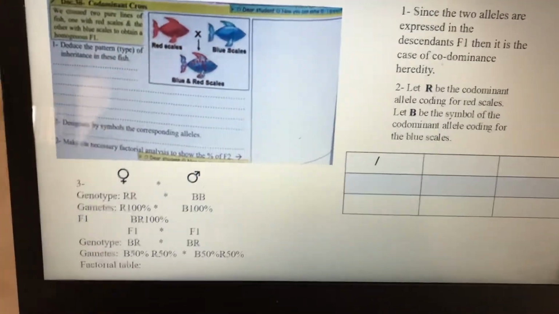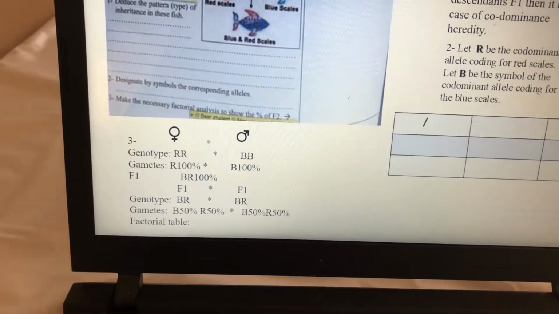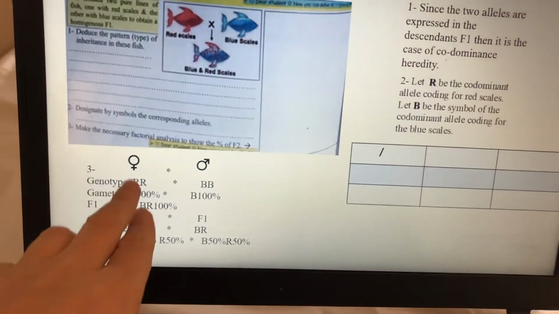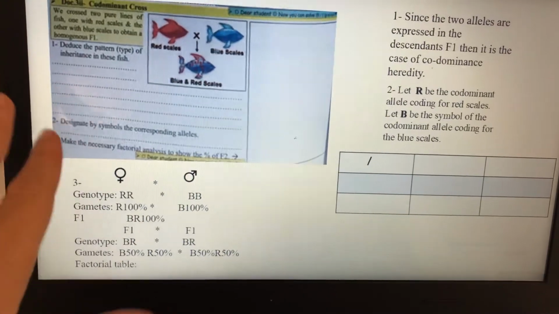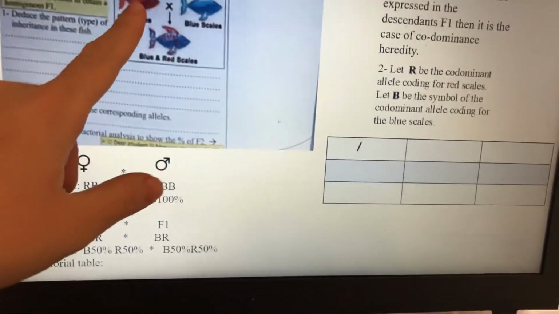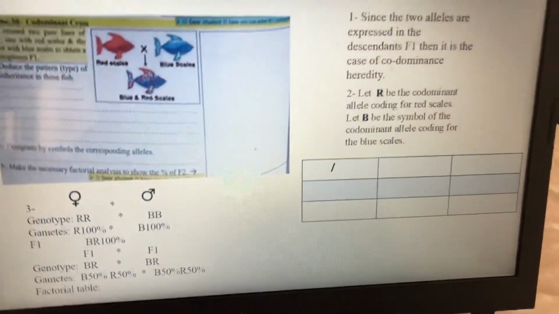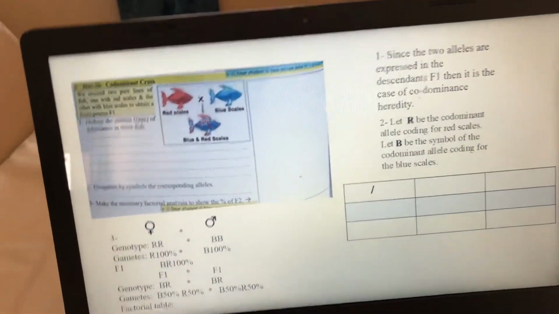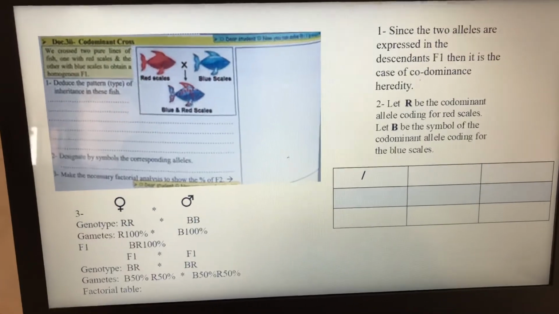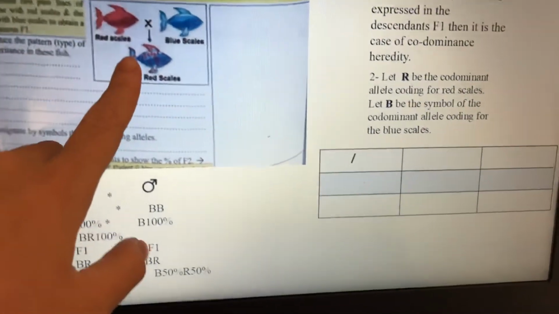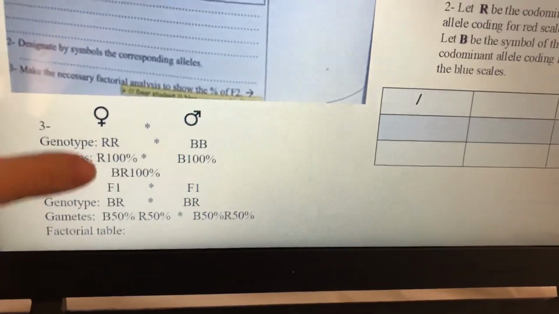They asked to do the factorial analysis for the F2. They didn't ask for F1, but I'm going to repeat it for you. So red is RR and blue is BB. Why? Because according to Mendel, if the F1 are homogeneous or uniform, then the parents are pure. So you will have 100% BR in the F1.